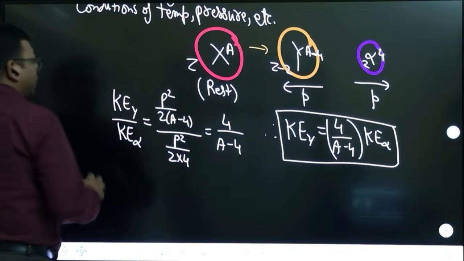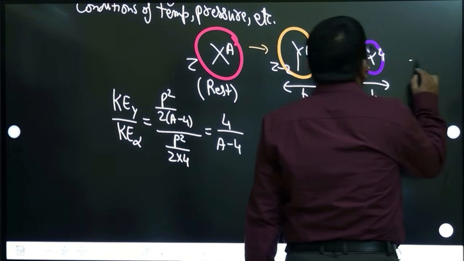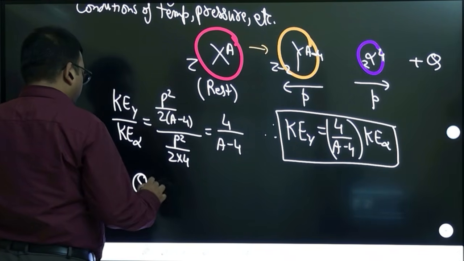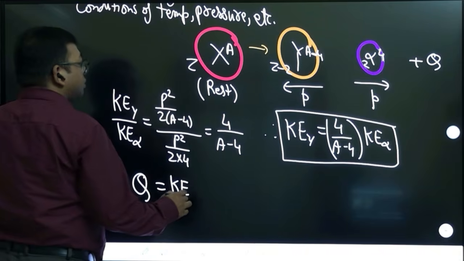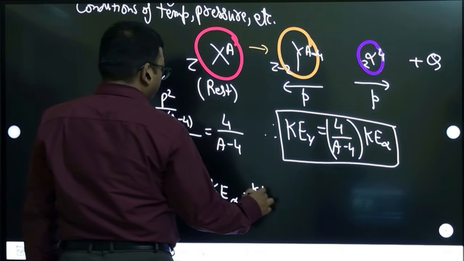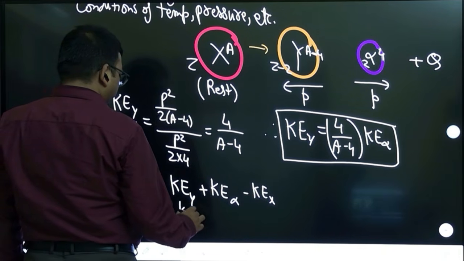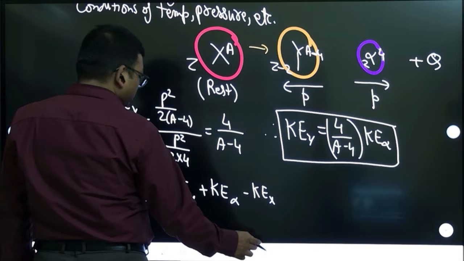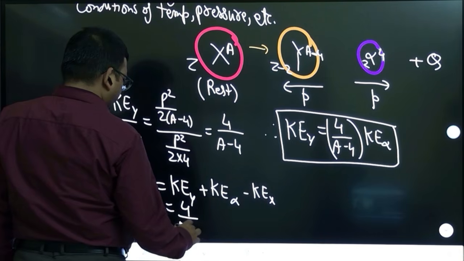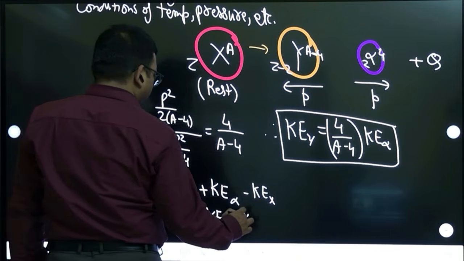Second thing we should note is the Q value, because in these reactions some energy is also released. This Q value is kinetic energy of y plus kinetic energy of alpha minus kinetic energy of x. But x is at rest initially, so that is 0. Substituting the kinetic energy of y, Q equals 4 by A minus 4 times kinetic energy of alpha plus kinetic energy of alpha.